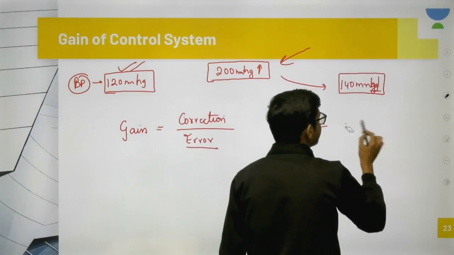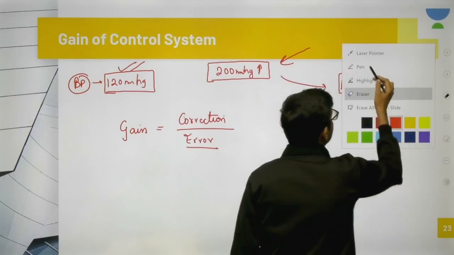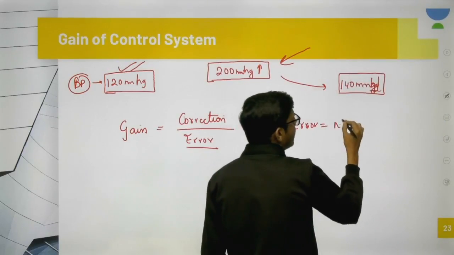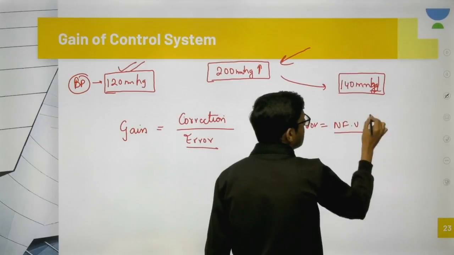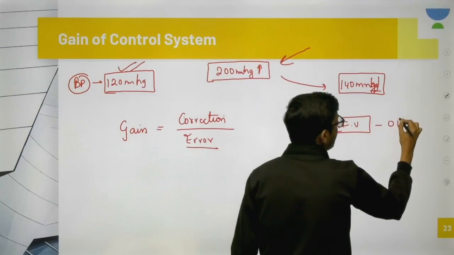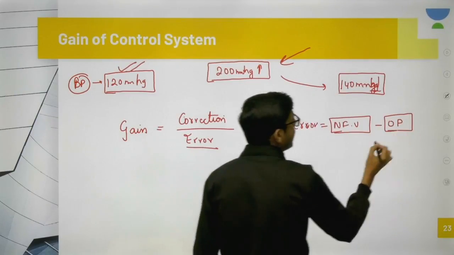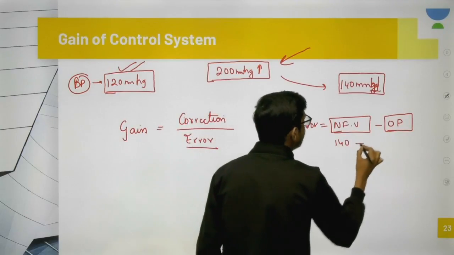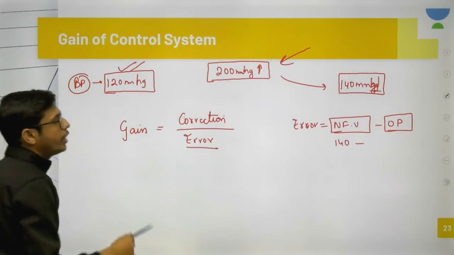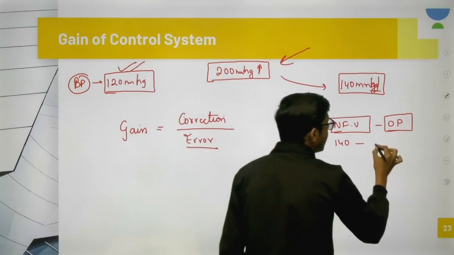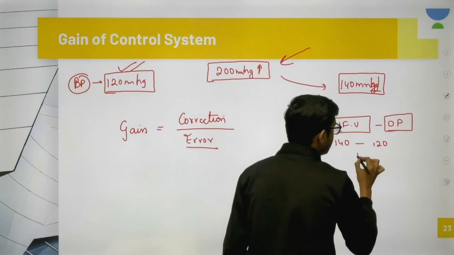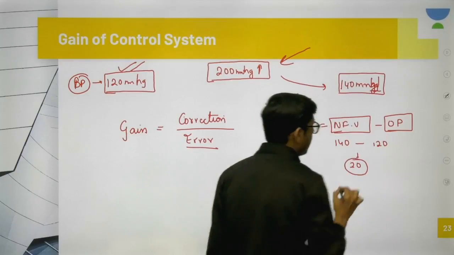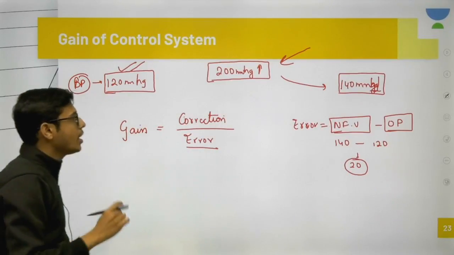It would be the negative feedback value minus the optimum value, right? So what is the negative feedback value? That is 140 mm of Hg minus how much? 120 mm of Hg. So the error is 20. This is the error.